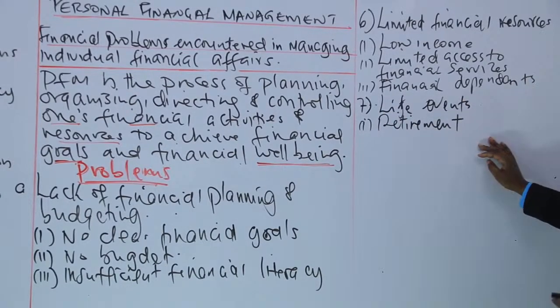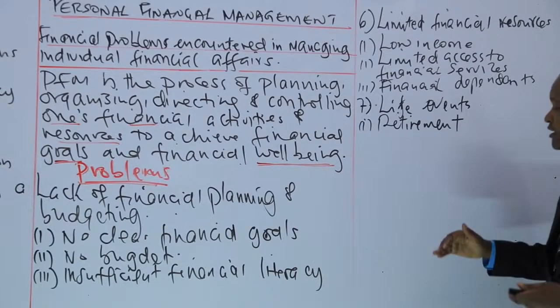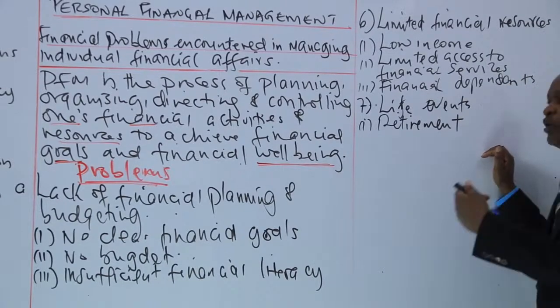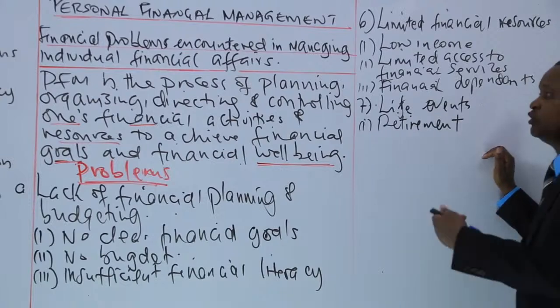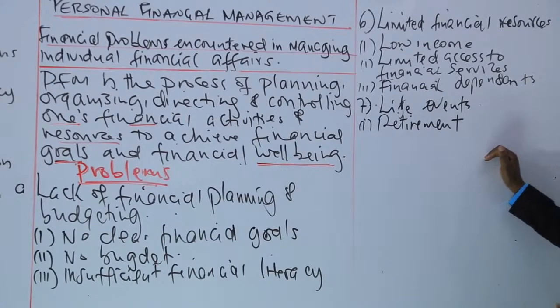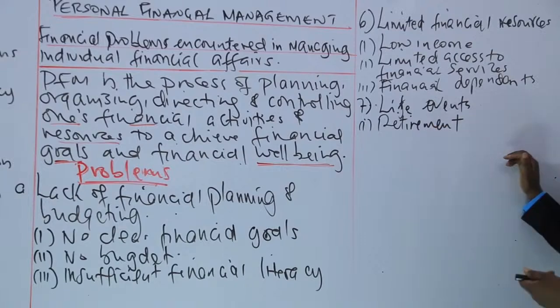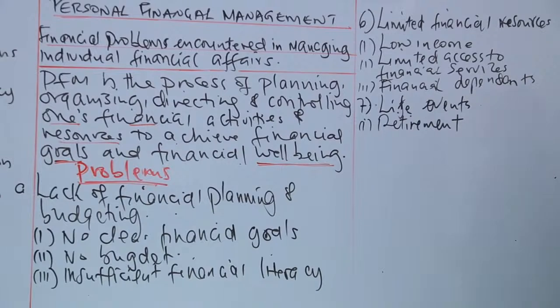Individuals who don't die early will inevitably have to retire from active employment, and that's something individuals ought to plan for. This life event can be a financial problem in managing individuals' financial affairs.